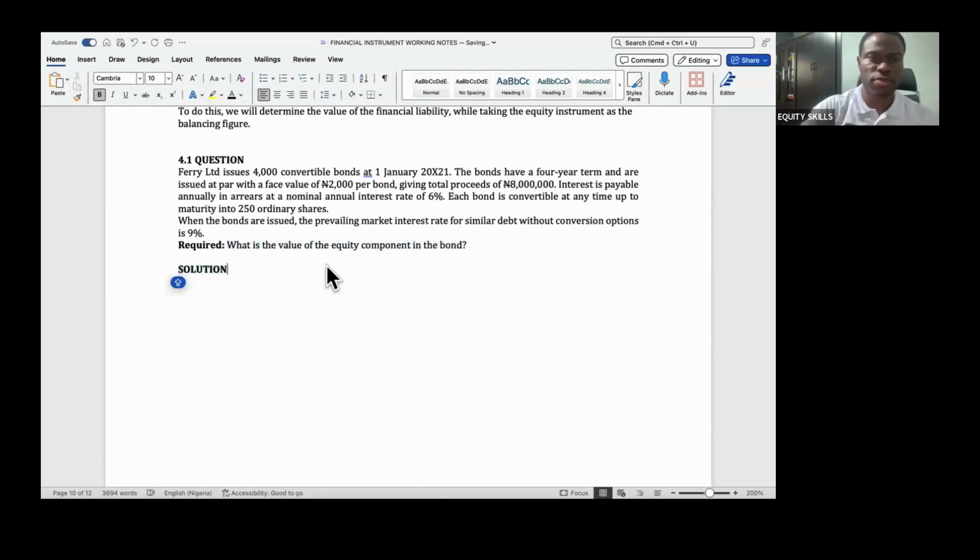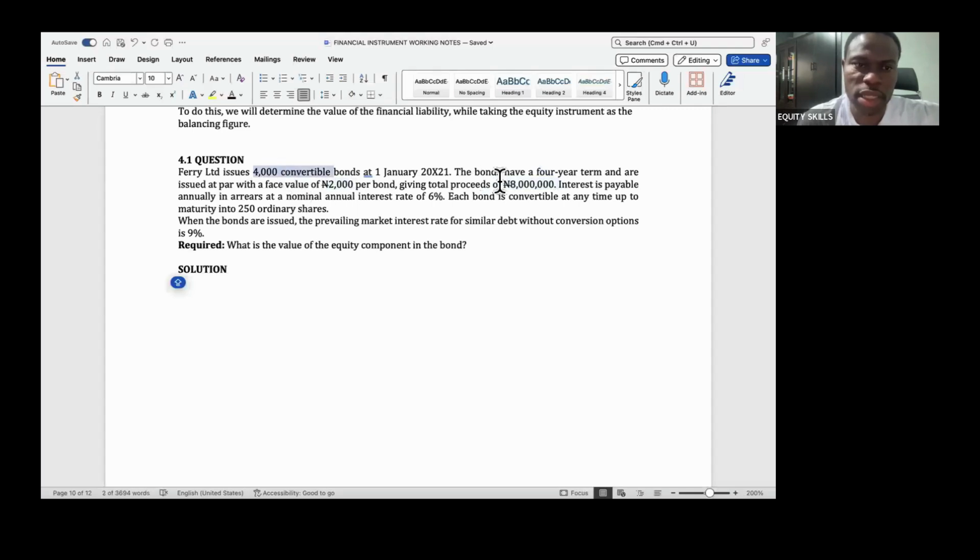Now, if you look at this question, this guy issues a convertible bond. That shows me that we are dealing with a compound instrument. It has a 4-year term. The face value is 2,000. So he's borrowing 8 million, which is 2,000 times 4,000.